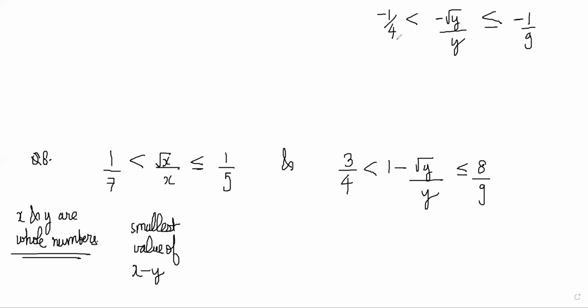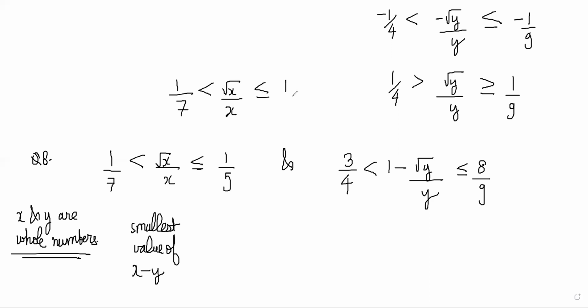But when you multiply by a negative quantity, you have to change the inequality sign. This will become 1 by 4 is greater than root y by y is greater than or equal to 1 by 9. And here you have 1 by 7 is less than root x by x is less than or equal to 1 by 5.